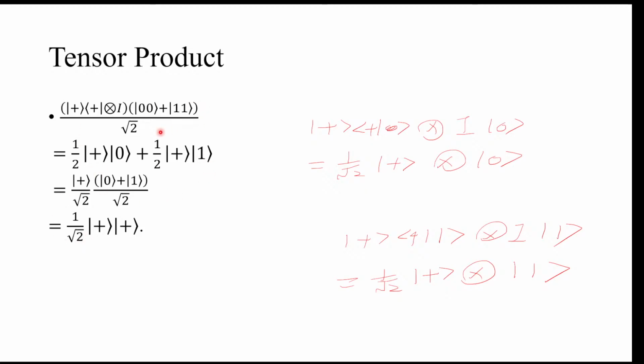And interestingly, you have an entangled state, but when you project the first qubit onto a plus state, then the second qubit also becomes a plus state, and they actually become a product state. Okay. So you have an entangled state, and when you project the first qubit onto some pure state, the total state becomes a product state. Okay. And yeah, I guess we don't have too much time, so let's skip the detailed calculation.